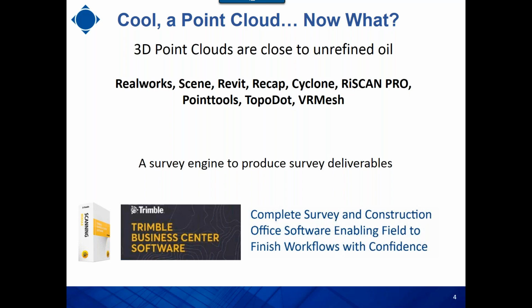And what Trimble has done is bring scanning capabilities through the scanning module to the survey engine. That is a distinguishable and critical point, an advantage of Trimble Business Center compared to a lot of other software: a very rich and comprehensive survey engine that provides us with the opportunity to create survey quality deliverables.